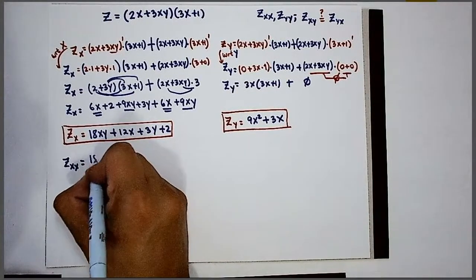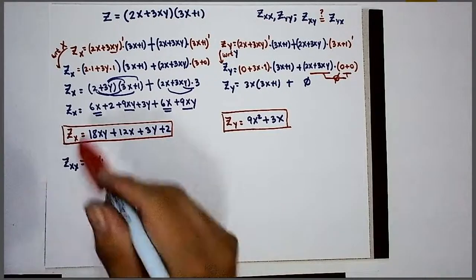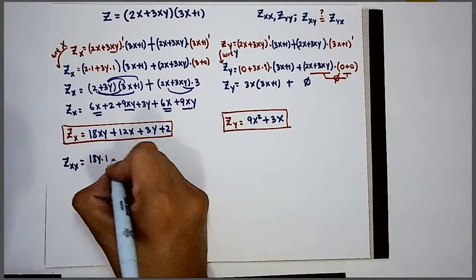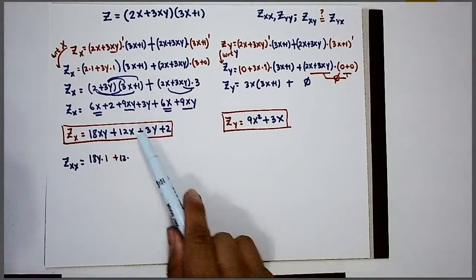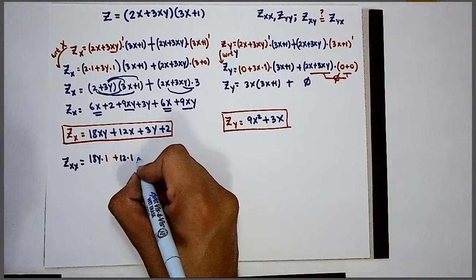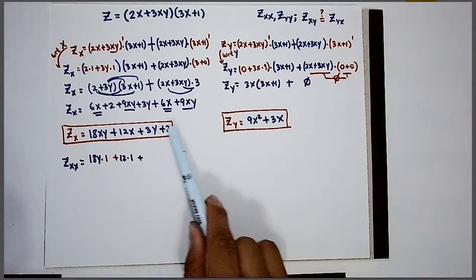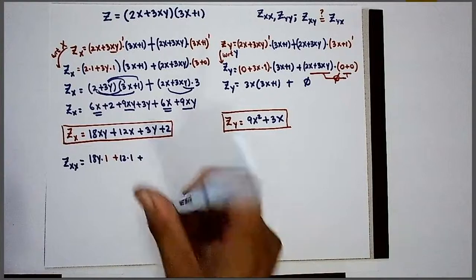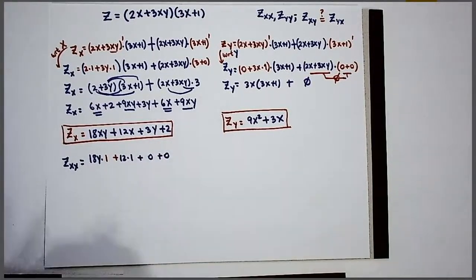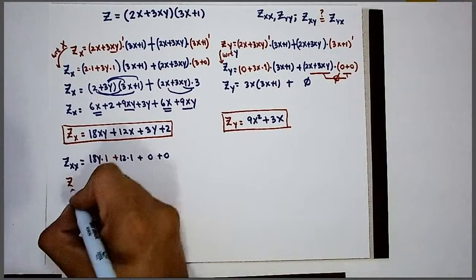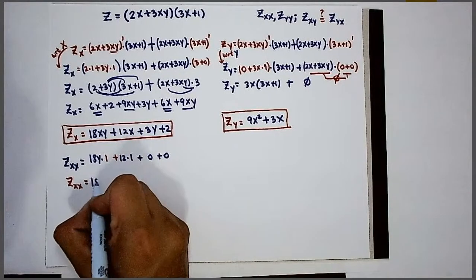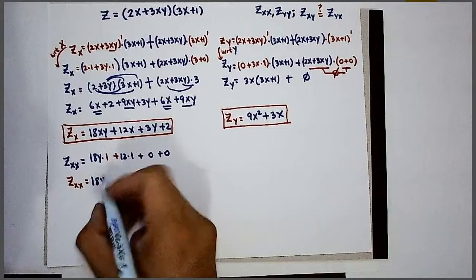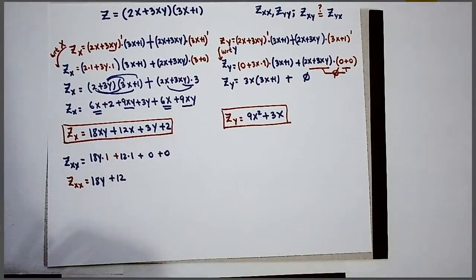The constant part is 18y times the derivative of x with respect to x, which is 1, plus 12 times the derivative of x, which is 1, plus, because here we don't have any x variable, this is 0 plus 0. So the second partial derivative with respect to x is simply 18y plus 12.